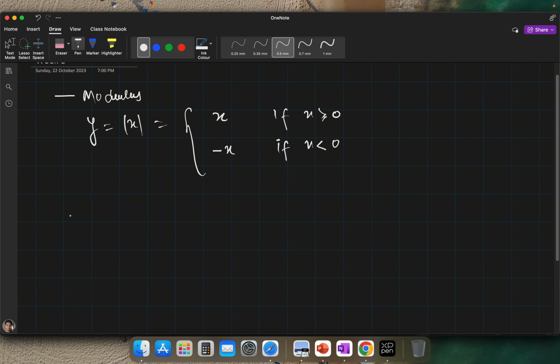So suppose this is the modulus function. The value of y will be x if x is positive, and it will be minus x if x is negative.